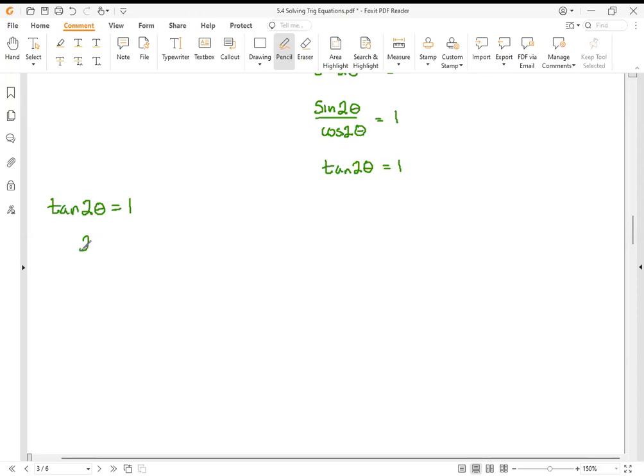What does that tell you about 2 theta? 2 different angles, yes. Since it's positive, same as before, I know it's in quadrant CAST 1 and CAST 3.